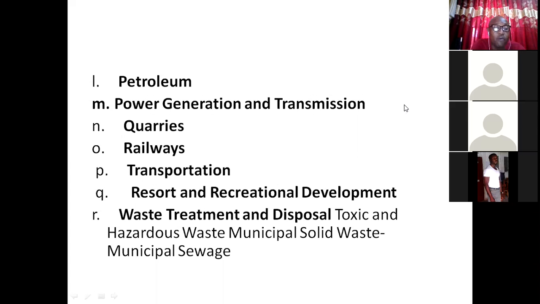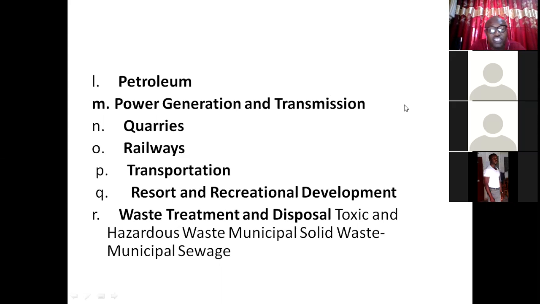I've said that any form of petroleum, and any form of power generation and transmission, you must carry out an EIA. Railway, or any form of transportation that moves large numbers of people, whether a BRT system or a dedicated lane, an EIA must also be carried out.